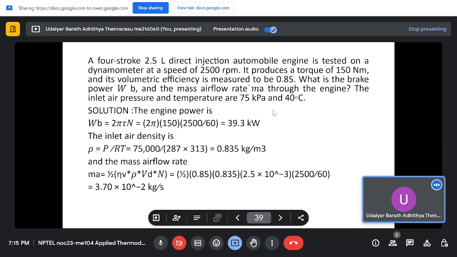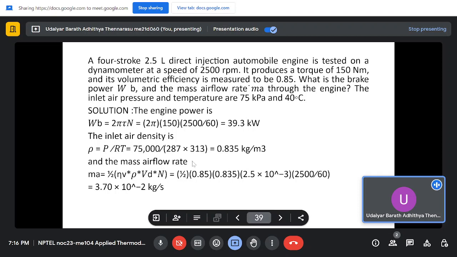Next question is to find the mass airflow rate. The density is P by RT, so inlet density. We will calculate inlet density: we know 75 kilopascal pressure, R is 287, and temperature 273 plus 40, so 313. Substituting that, we get density of air as 0.835 kg per meter cube.